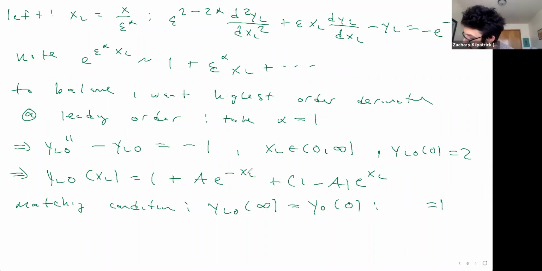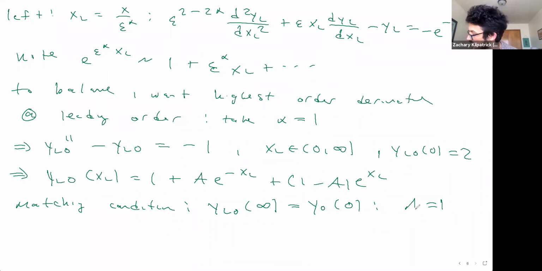And here, if I take the limit as XL goes to infinity, the only way to make this work is if the coefficient of this is 0. So in order to get this 1 equal to 1 term here, I need to have this term vanish.